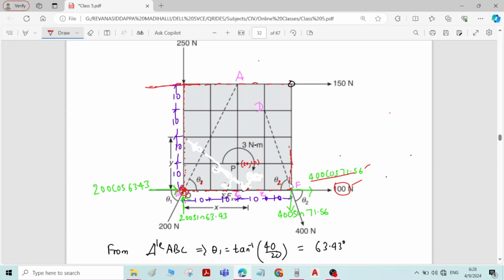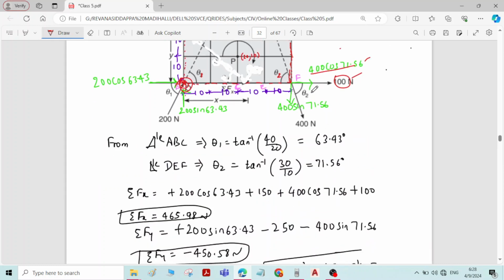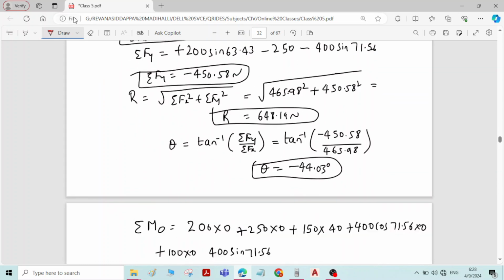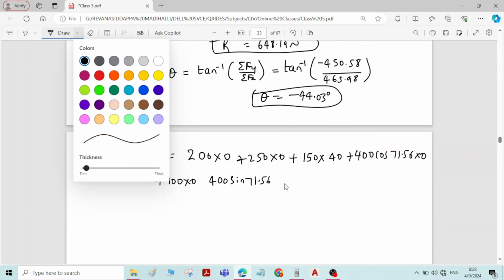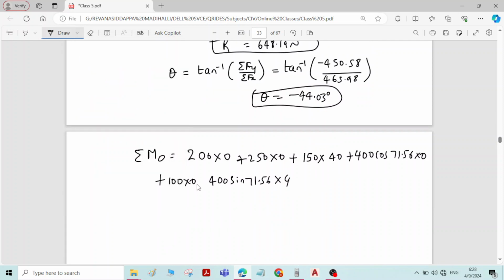Here we have the point O. Distance of point O from the line of action is how much? 40 mm. And if you apply a vertical force at this corner, about point O, the plate will rotate in clockwise direction, sign is plus. Therefore 400 sine 71.56 into 40, sign is plus.